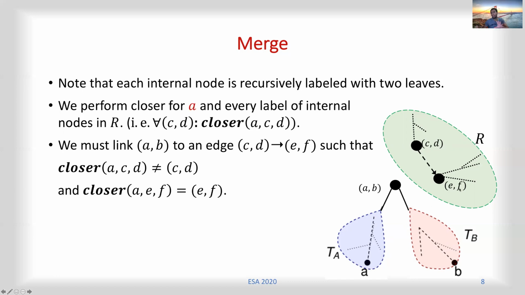And in order to do that, we just need to query closer of A and every pair of leaves that represent an internal node. So we need just O of n queries in one round to merge these three trees.